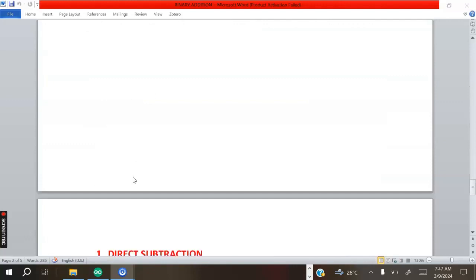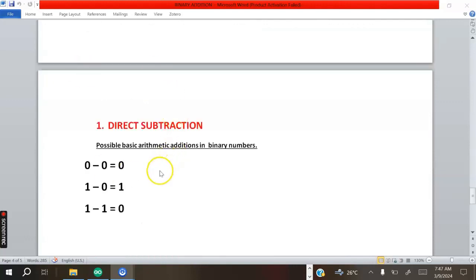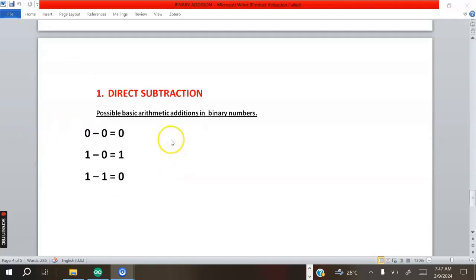But for this other scenario where we have the direct subtraction of the binaries, these are the possible basic arithmetic rules, and it is supposed to be subtraction. Sorry for this. It's supposed to be subtraction.